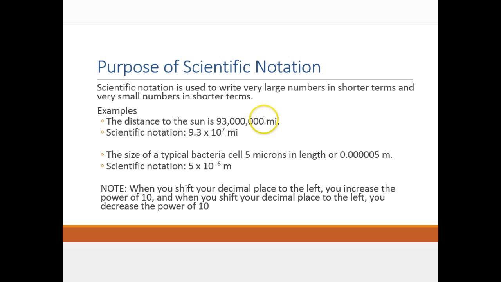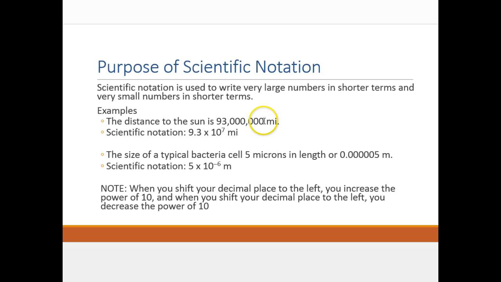Basically what we're going to do is find our decimal place, which falls way over here at the end of the number, and we're going to shift it all the way to the left until there's only one non-zero digit to the left of the decimal. So it's going to be 9.3. With scientific notation, we drop all the zeros that come after it. If all there are zeros to the right, we get rid of them, so this is just 9.3.